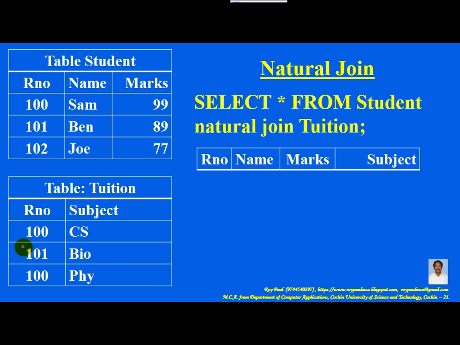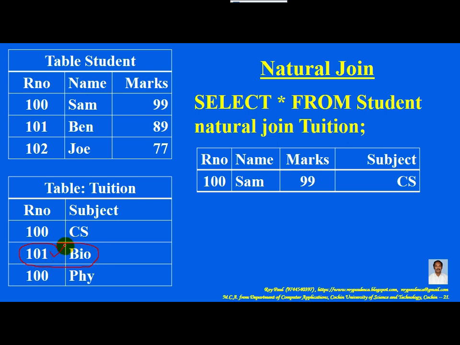Now how do you get the data? Like this. In the child table, there is an entry 100 CS. So the details of 100 should be taken from the parent table. It should be written here followed by the corresponding subject name. Similarly, in the child table, there is another entry 101 bio.